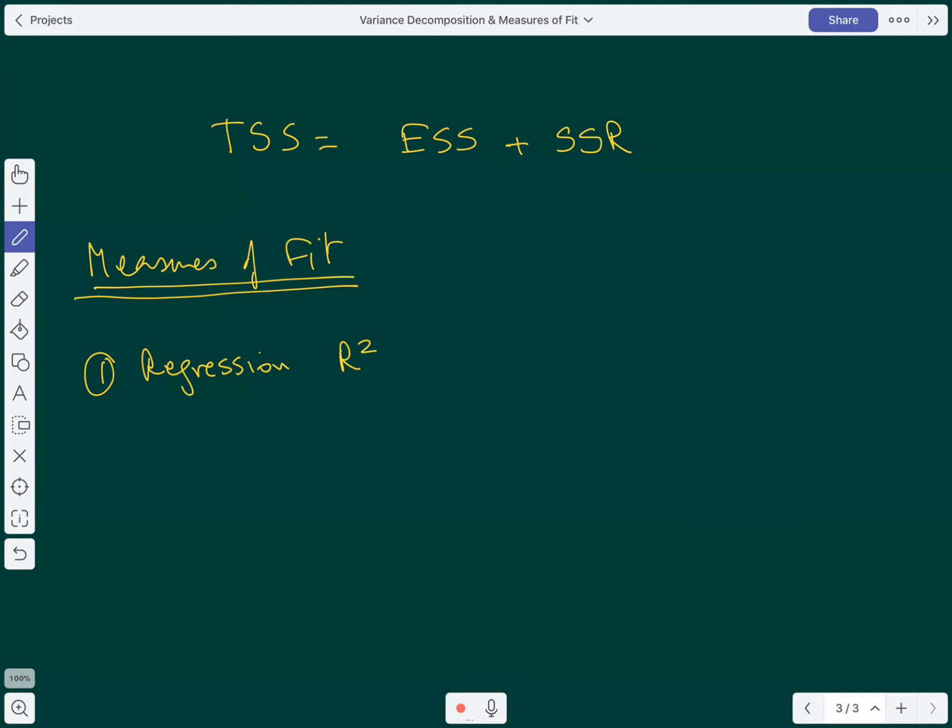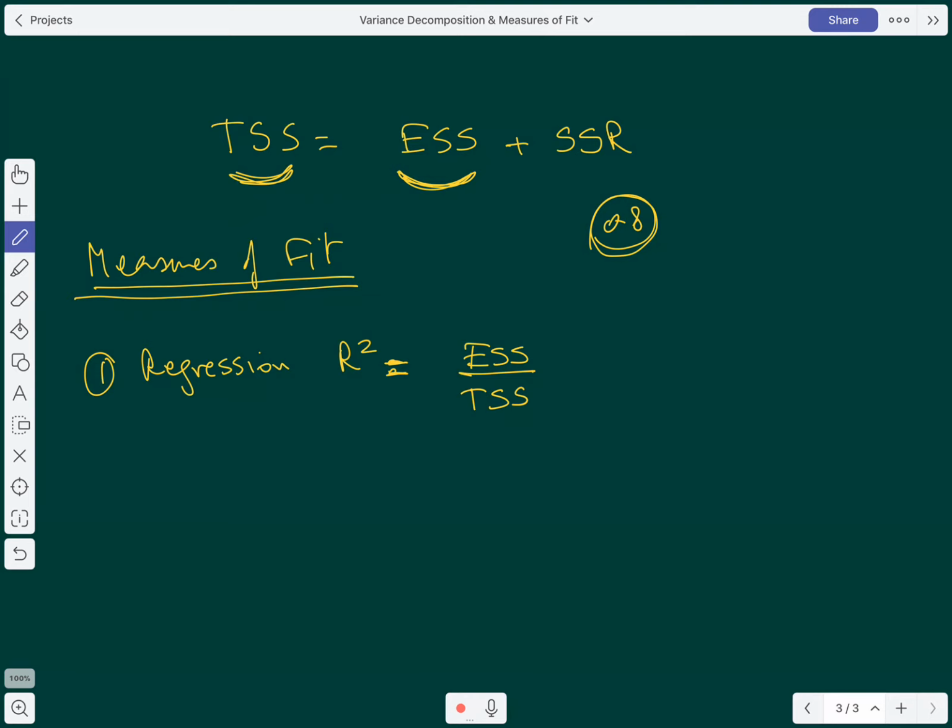The regression R square basically measures this part as a fraction of this part. So it's equal to ESS over total sum squared. It's a certain ratio, and if it is 0.8, then 80% of the variations in the model is explained by the different variables I have used in the model.